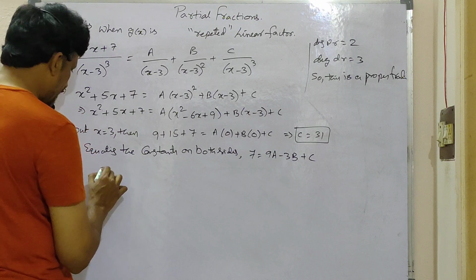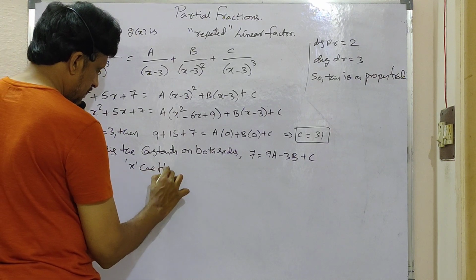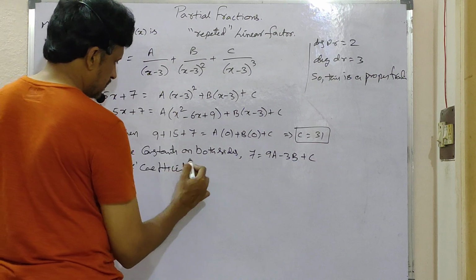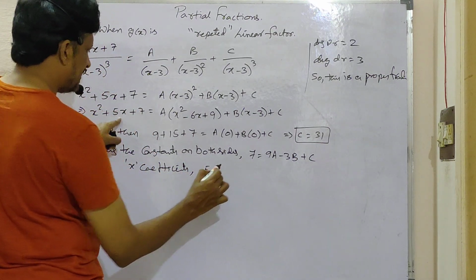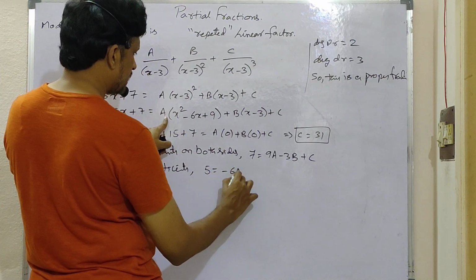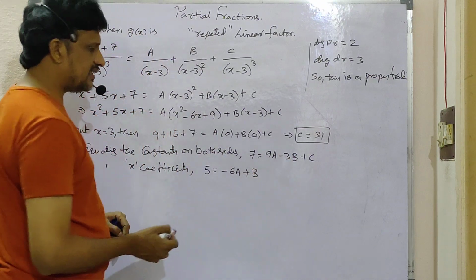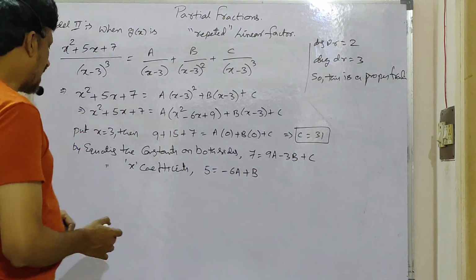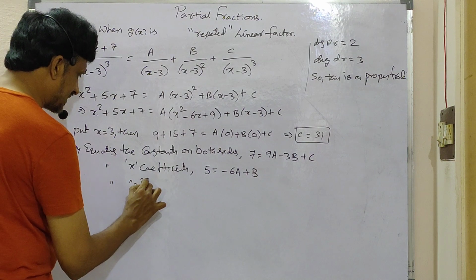By equating x coefficients, the coefficient of x is 5, which is equal to minus 6a plus b. This is another relation.